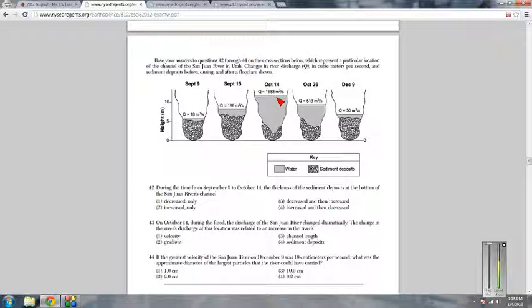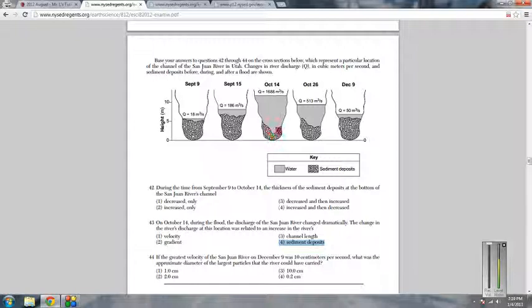Now, what it's asking here is, what's really happening? Why is there so much more water here? Why is it moving like this? So the change in the discharge. Well, let's look at these answers, and we'll see if we can cancel anything out. If you look at number 4, sediment deposits.